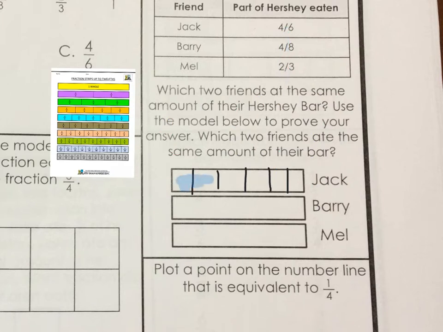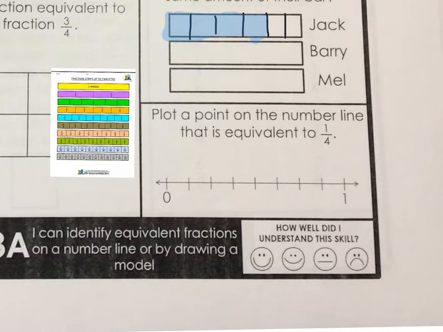Here we go. 1, 2, 3, 4. So I've got 4 that are colored in out of 6. So you want to find what 2 friends ate the same amount. Okay, let's go on to the next one.